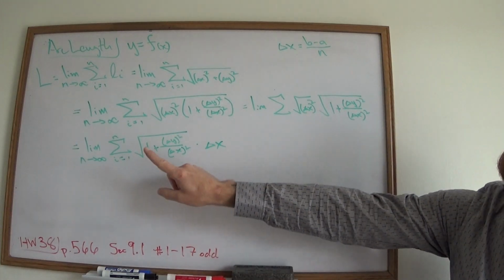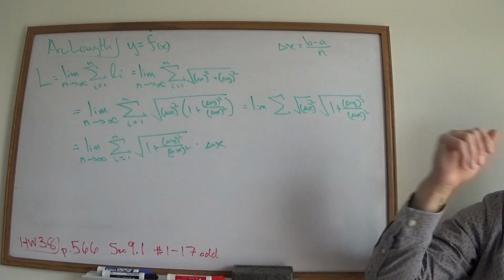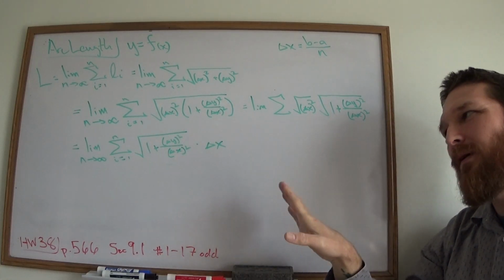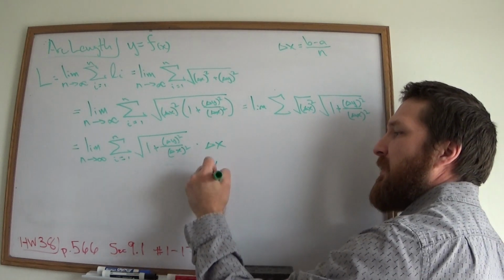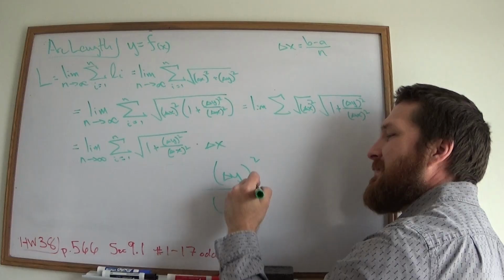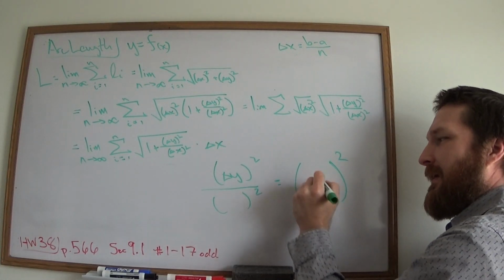Now in the limit, well, first off, can I rewrite this as one thing? Instead of writing this as something squared, just delta y over delta x squared. It'll be a little bit simpler to just write it like this.